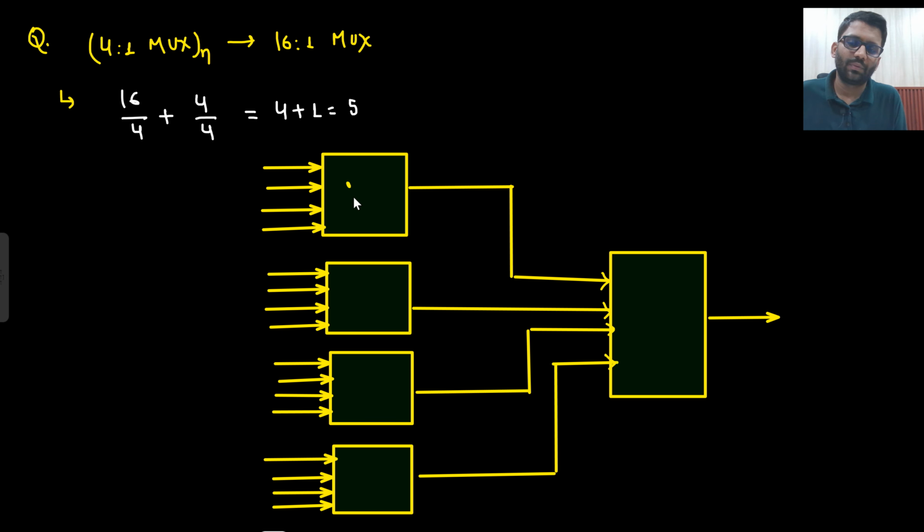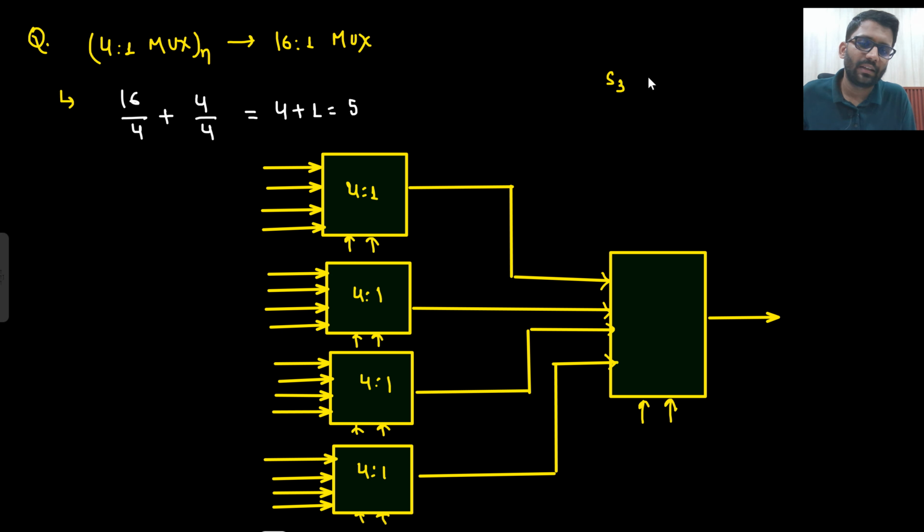So this is 4:1, 4:1. Now this 4:1 will have 2 select lines and they will also have 2 select lines, right? All select lines will be the same. Basically the select lines are S3, S2, S1 and S0.